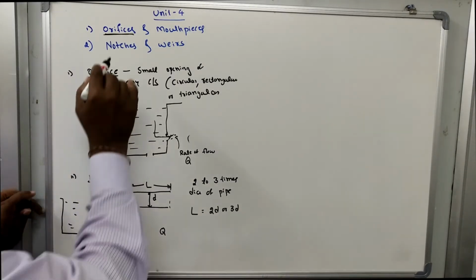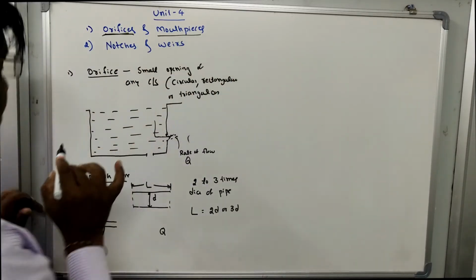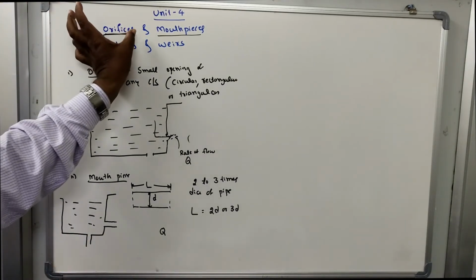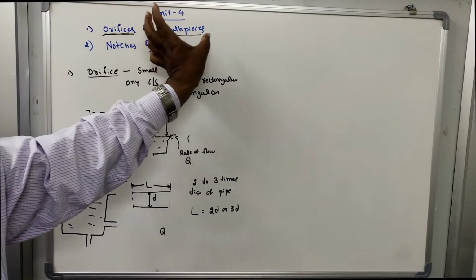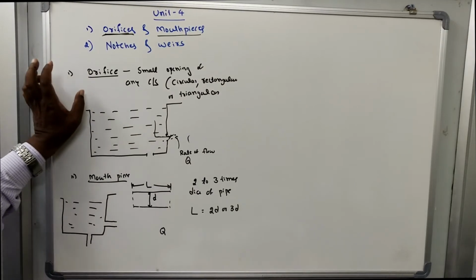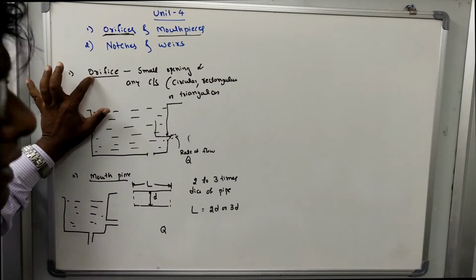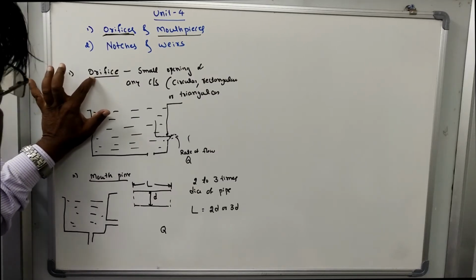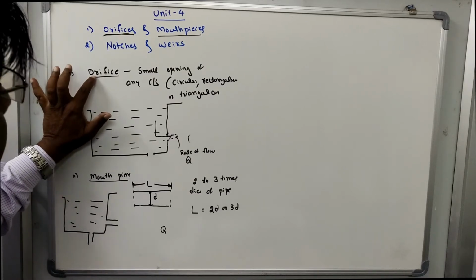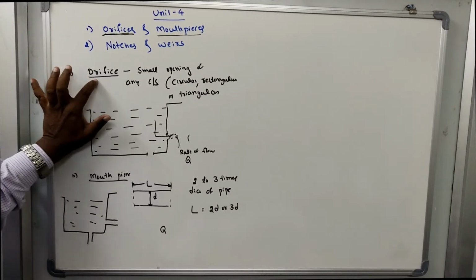Okay, so these are the devices, the orifice and mouthpiece. We have discussed the definition of orifice and the definition of mouthpiece. The orifice is defined as a measuring device which can be used to measure the rate of flow through the tank, and it is a small opening of any cross section.